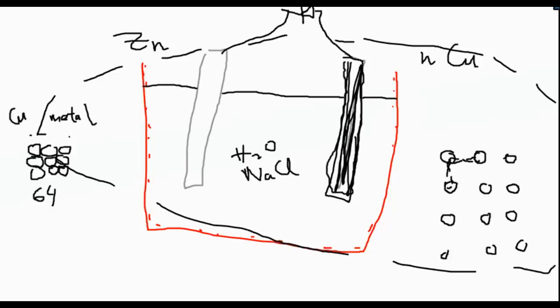Actually, copper is made of different isotopes of copper. What does isotope mean? Iso means uniform, and topos in Old Greek means position, location.